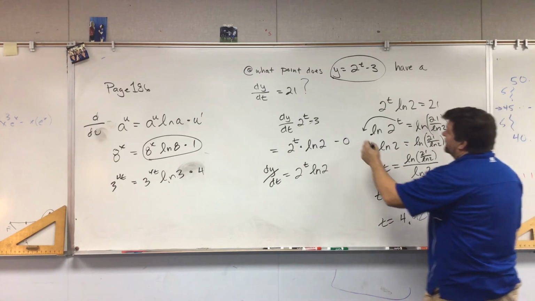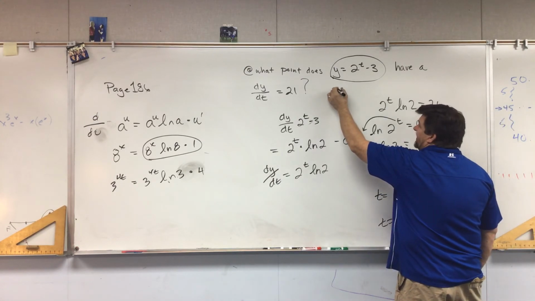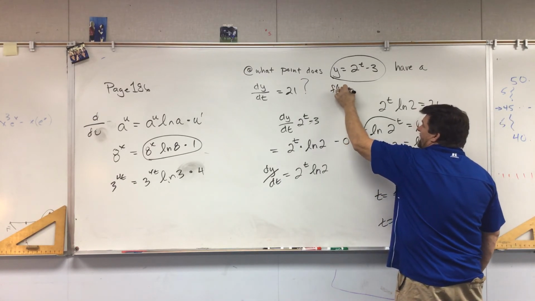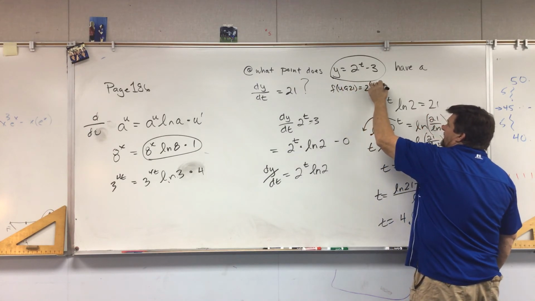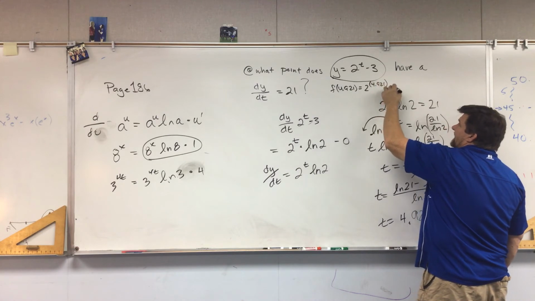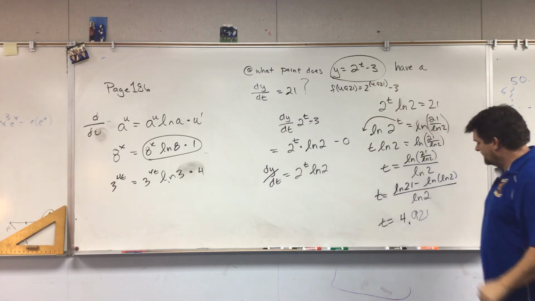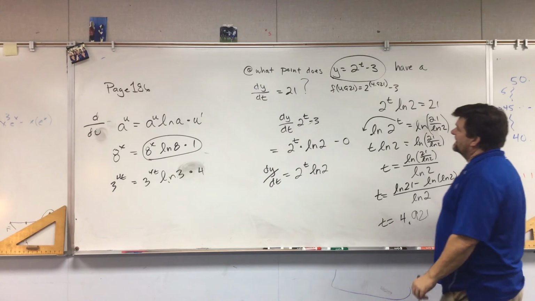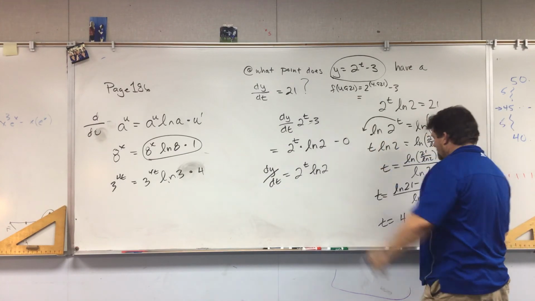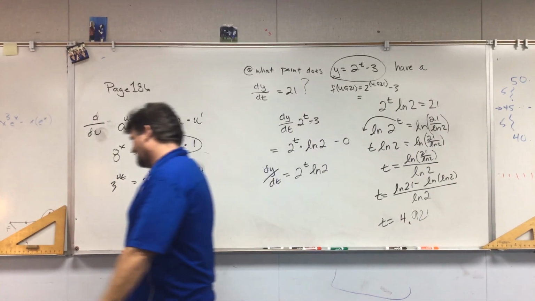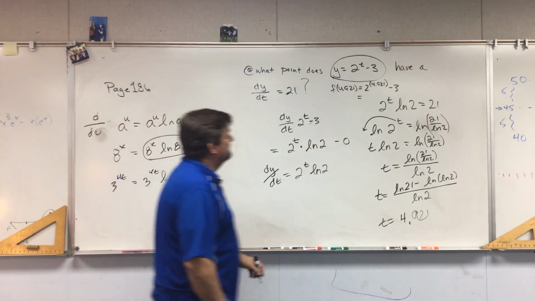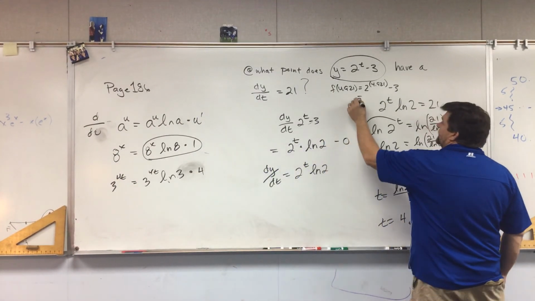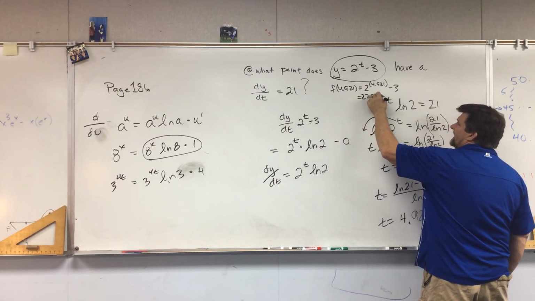So I'm running out of room over here. So we're going to say f of 4.921 is equal to 2 to the 4.921 minus 3. You'll plug that into the calculator, and then that'll kick out your y value, which I believe is 27.297.